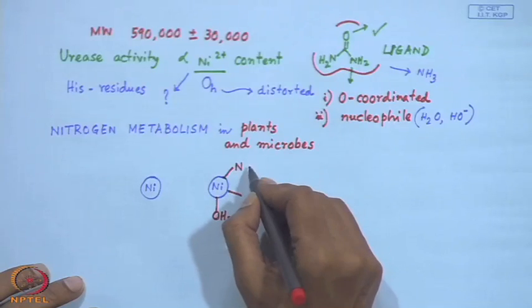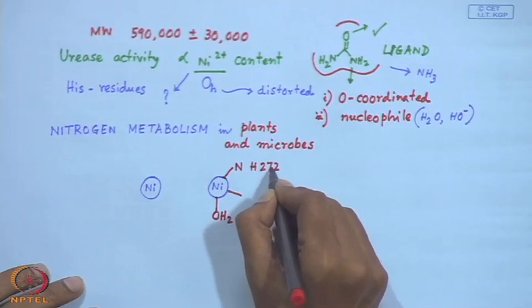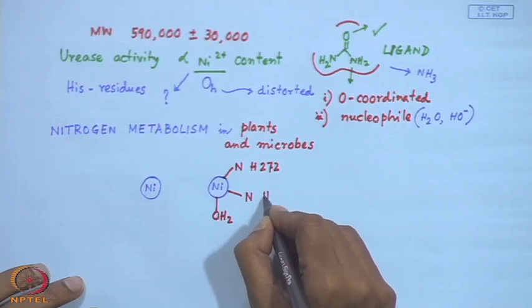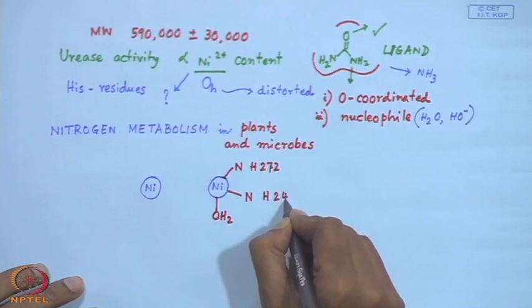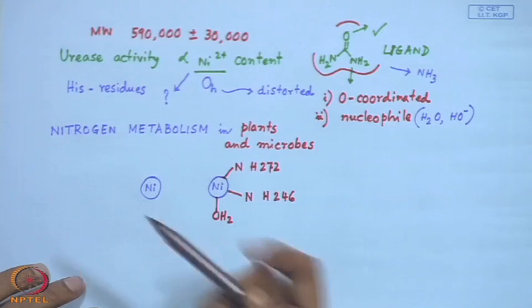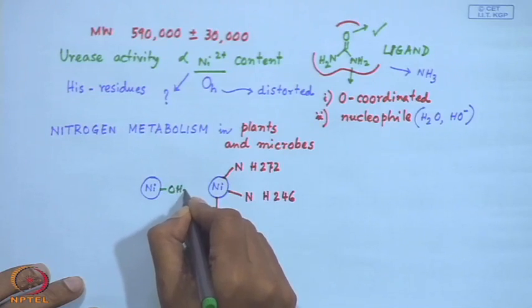then we have nitrogen from histidine 272 and another nitrogen from another histidine, which is 246, and on the left we have one water.